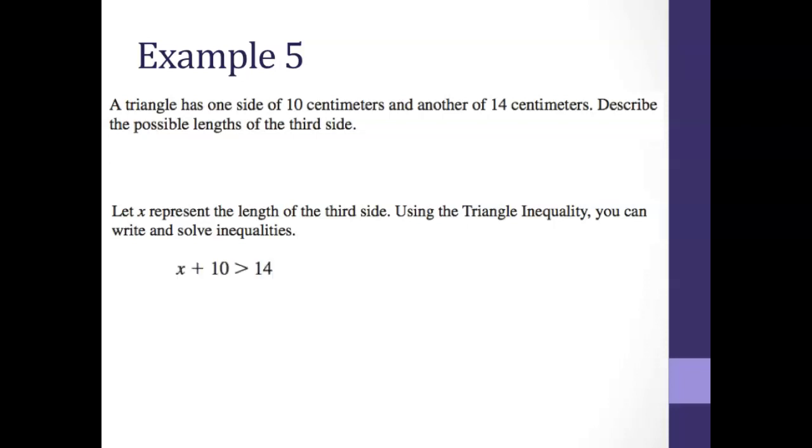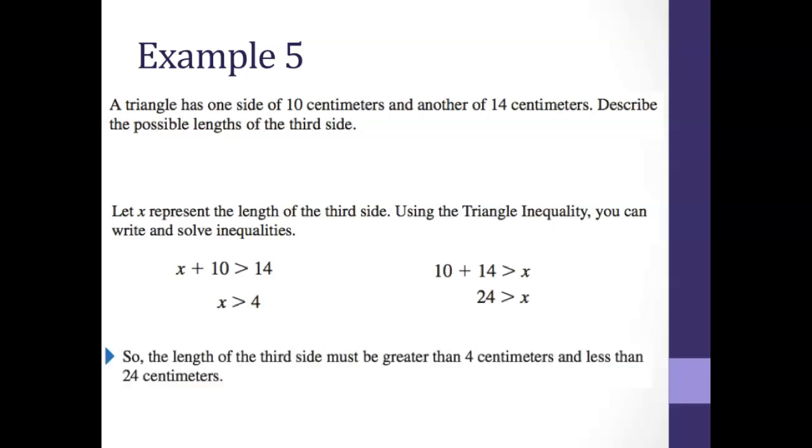In solving that, we get x is greater than 4. Now, if x were the longest side, then 10 plus 14 has to be greater than x, which means x must be less than 24. So x has to be more than 4 and less than 24. Otherwise, there is no way for us to create a triangle using these measurements.